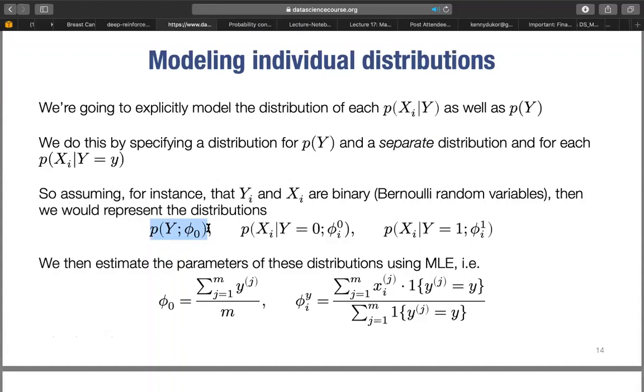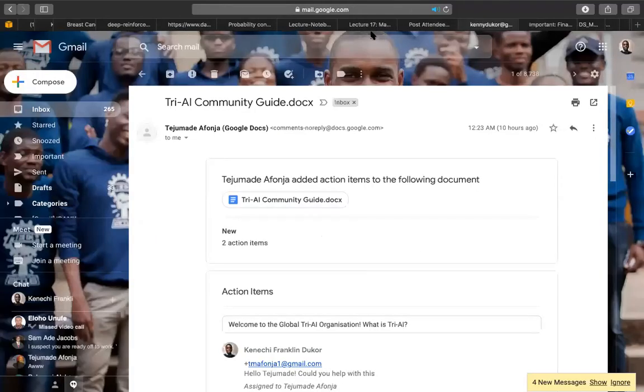In the normal maximum likelihood estimation way, it's like saying we want to parameterize this y by theta 0. So theta 0 is basically wherever we have y equals 1.